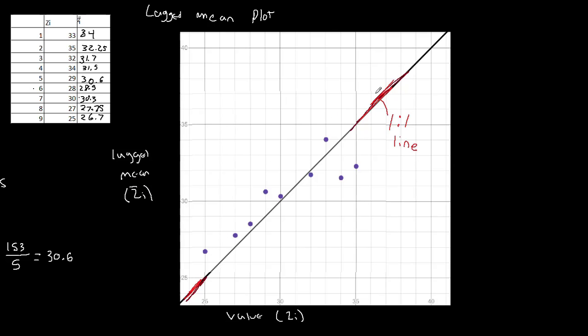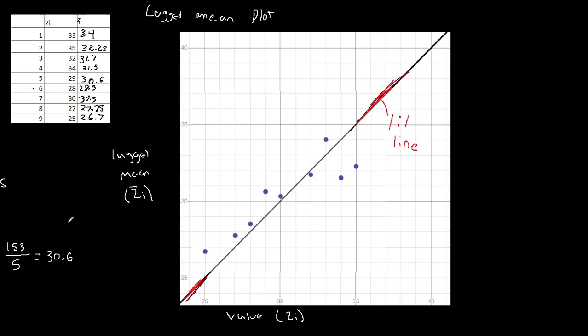So what is this one-to-one line actually telling us? This one-to-one line means that the value at the polygon is the exact same as the lagged mean, which basically means if it was actually on this line, all of the neighbors have the exact same value. That's what the mean is.